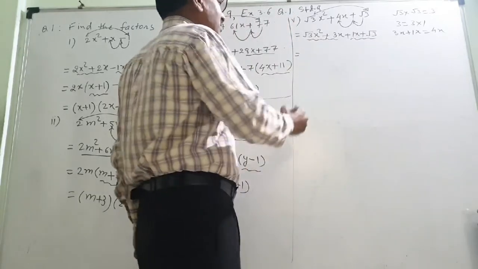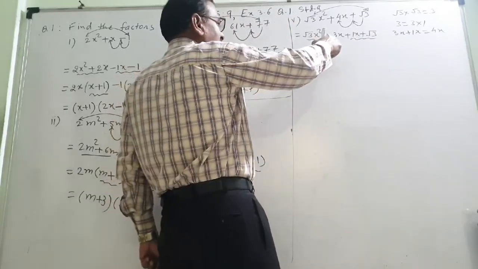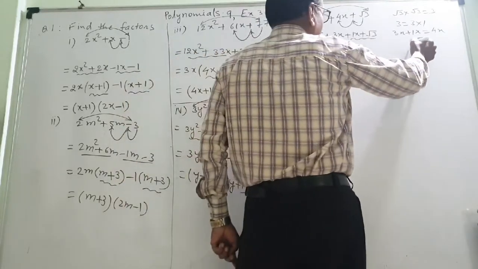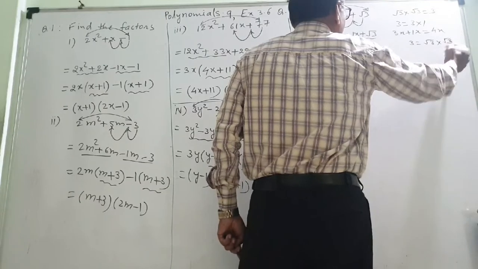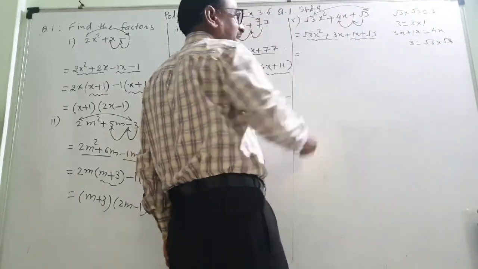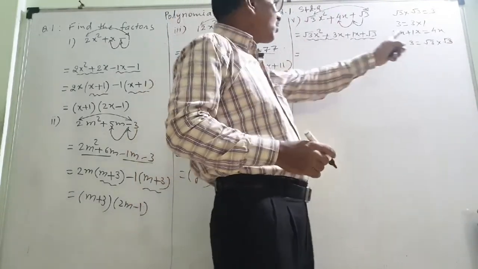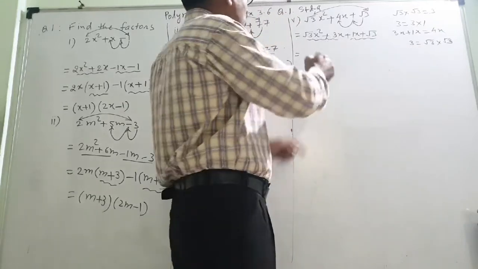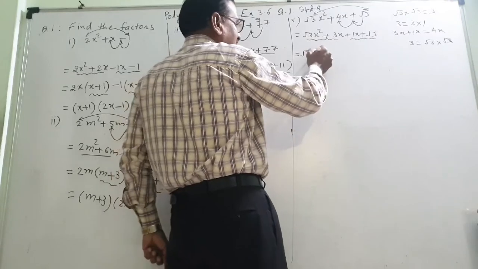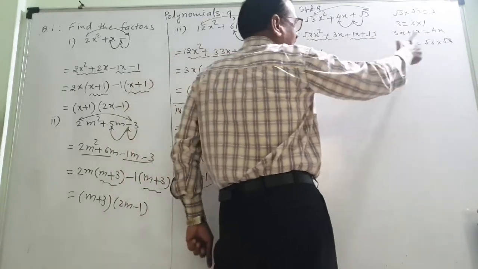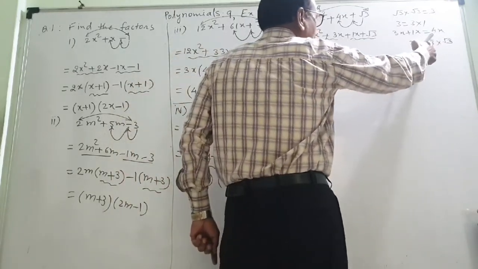What is common? This 3 is nothing but root 3 into 3. Root 3 into root 3. This way, this 3 I can take. So that means root 3 is here. So root 3 here also it is. So root 3 is taken common. X is remaining. This 3 is nothing but root 3 into root 3. Root 3 is taken.